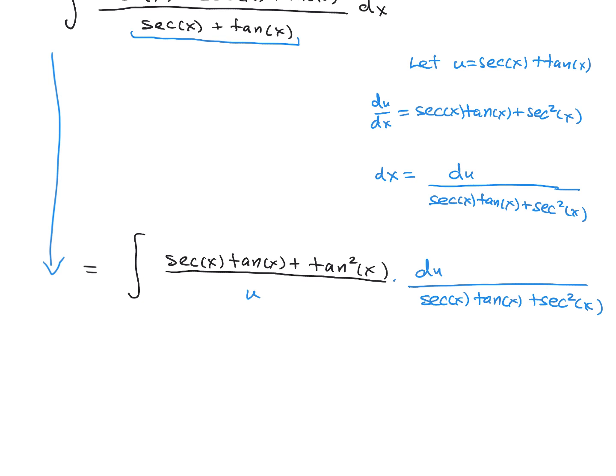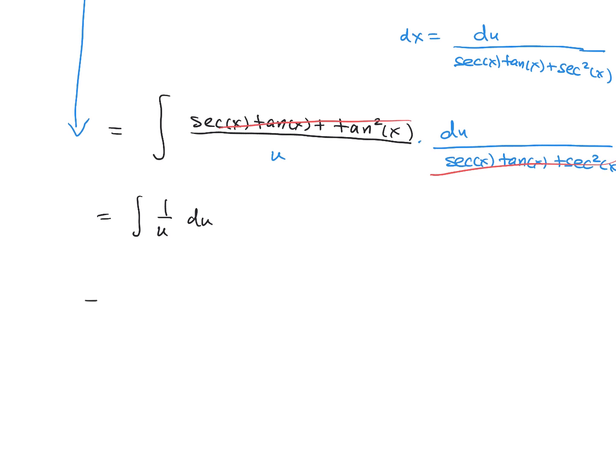And would you look at that? This cancels with that, and we are left with just the integral of 1 over u du, which is very easy to do. We recognize that as the natural log of the absolute value of u plus c.